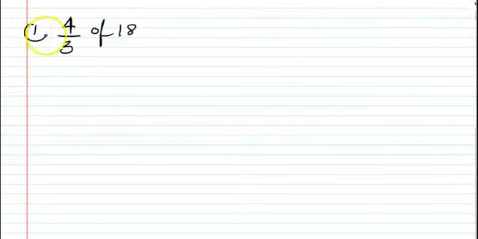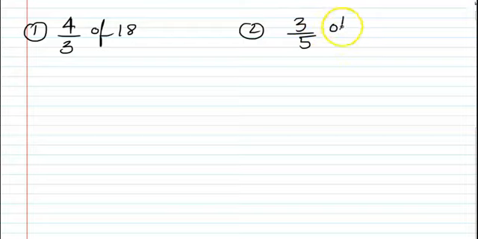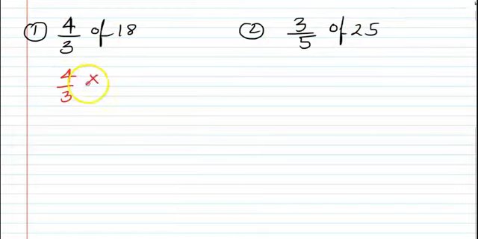So see here, here it is 4 over 3 of 18. This is question number 1. And question number 2 is 3 over 5, or 3/5 of 25. So what you need to do, first of all, 4 over 3 of means times, 18 is all alone. So suppose there is 1 here, right? And the best way is if you do cancellation.